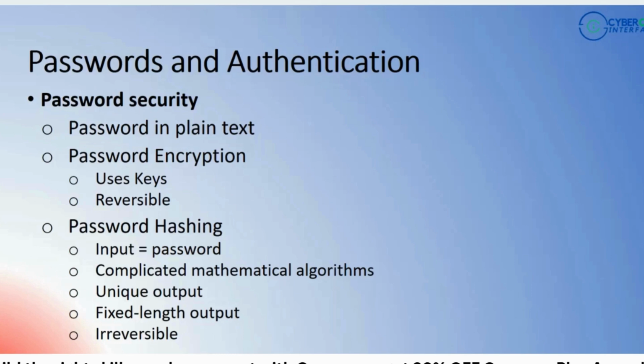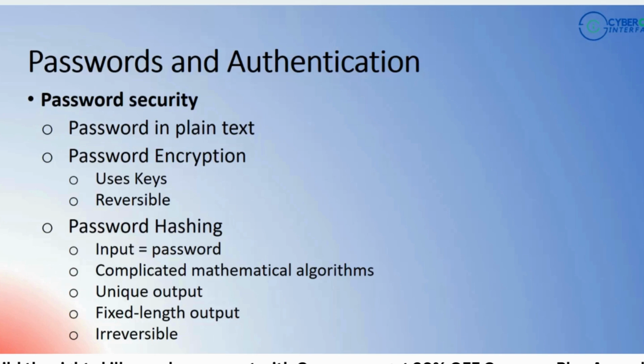So although the output will be unique, if you put in one and a dot and hash it, it will give you a unique output. But this output will always be the same length, no matter how diverse the input, which is the password. And the most important thing is that it is irreversible. Once you hash an input, a password, whatever you decide to hash, you cannot reverse that hash back.